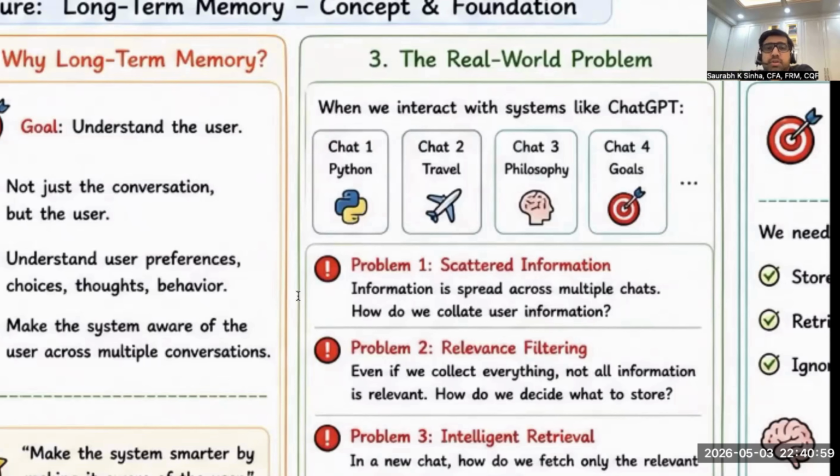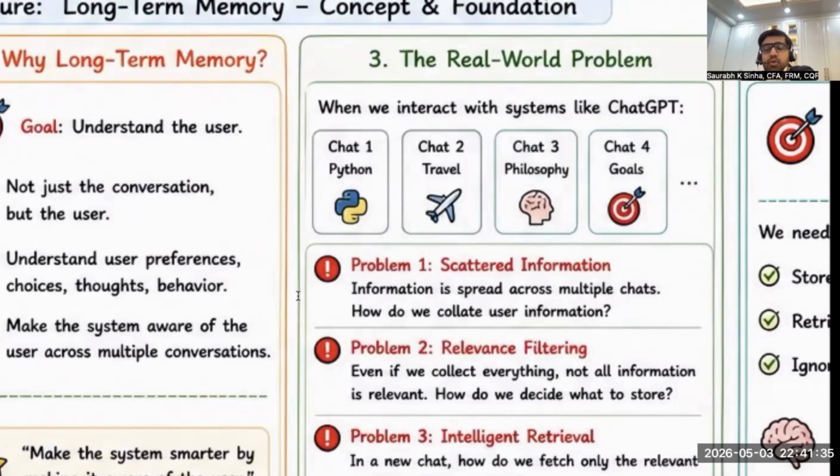In another chat room, you discuss your philosophy, some deep thoughts about philosophy and religion. In another, you talk about your goals and aspirations. Now observe something very carefully. This will lead to a lot of problems. Problem number one, scattered information. All your data is distributed across multiple chats, never available in one place.